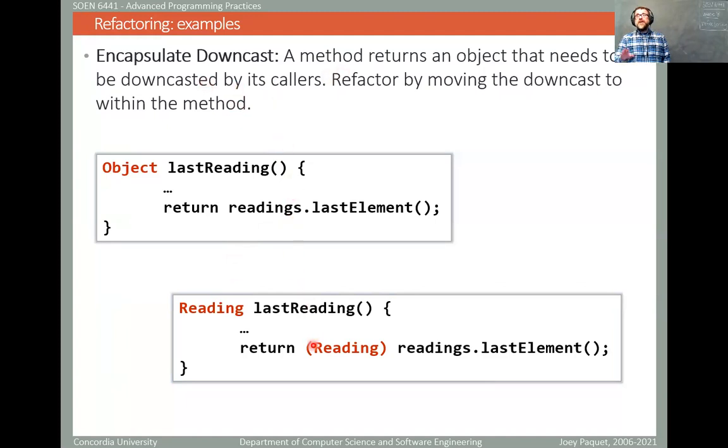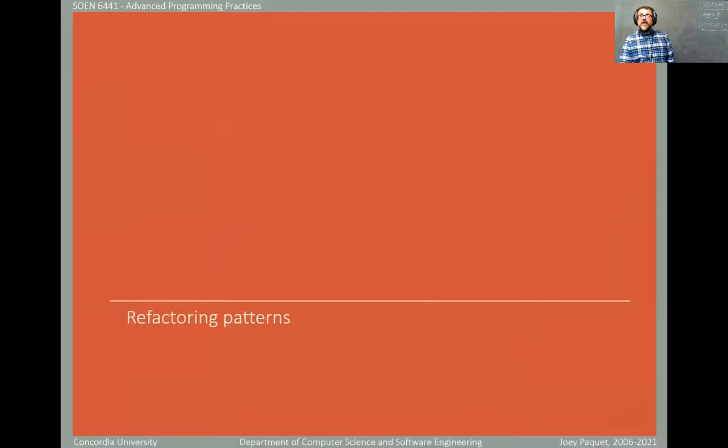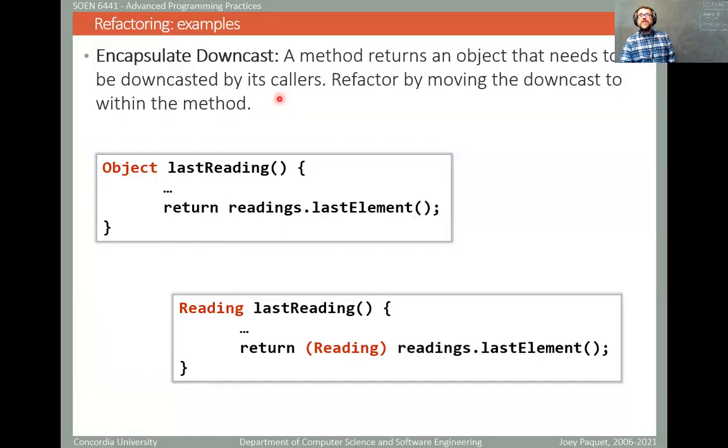I'm not going to go into all the details of all of these here. First of all, a refactoring pattern, for example, is encapsulate downcast. Here a method returns an object that needs to be downcasted by its callers. Refactoring will move the downcast within the method. So you have a function that returns the super type.